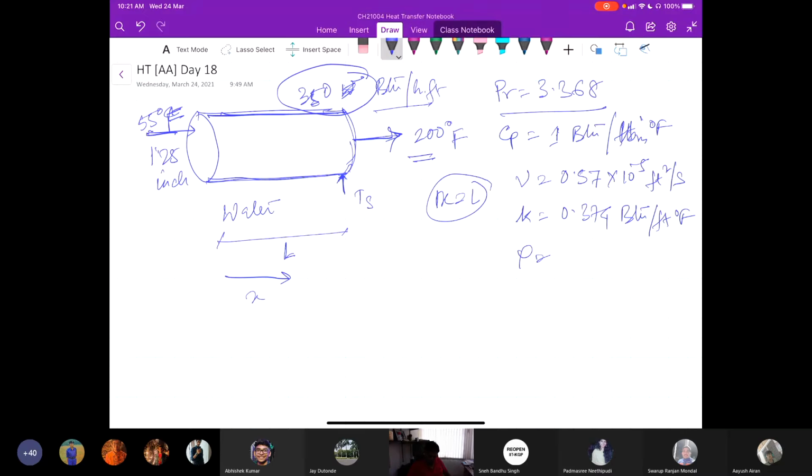I gave you everything in FPS, which is very unconventional, but this way you should be able to calculate, or just Google it and convert to SI unit. Or you can carry out throughout with FPS units and report the value until I ask for the length in meter or the temperature in degree centigrade. These two questions.